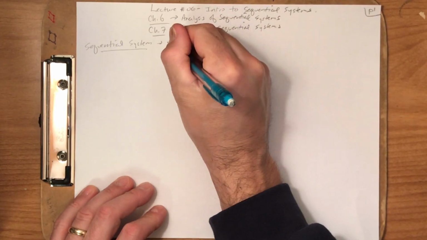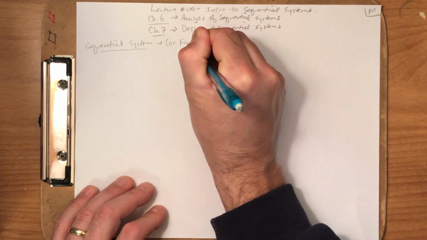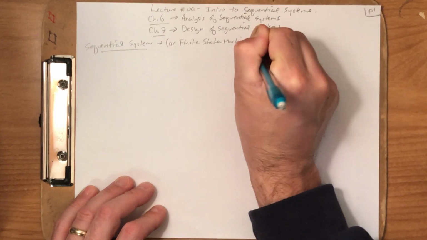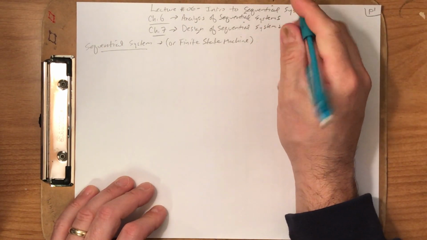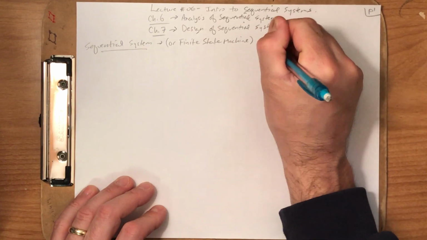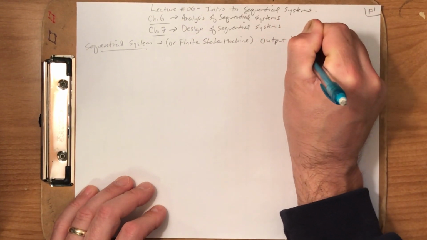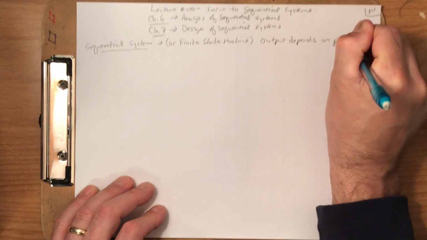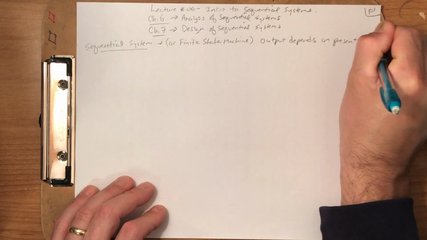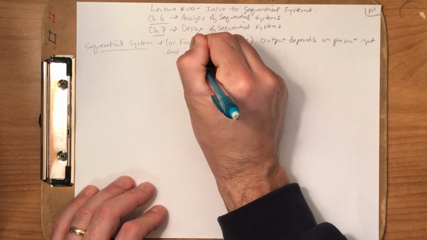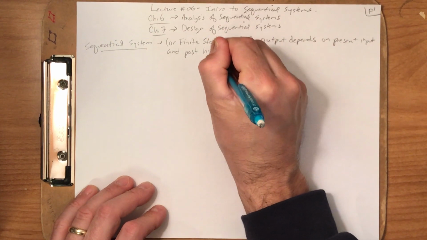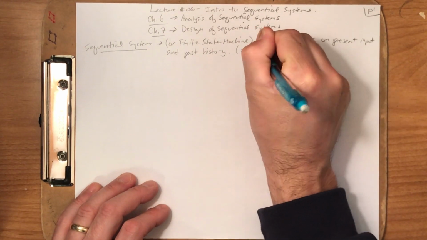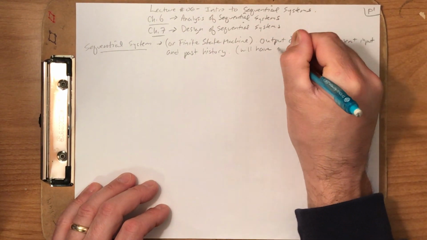A sequential system, or you can call it a finite state machine, has an output that depends on present input and past history. So this type of system will have a memory.